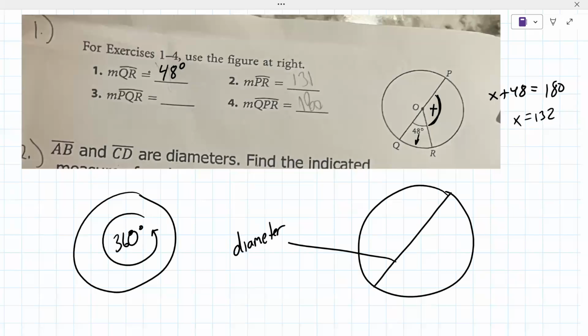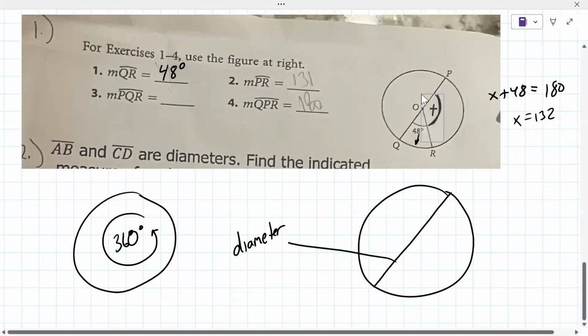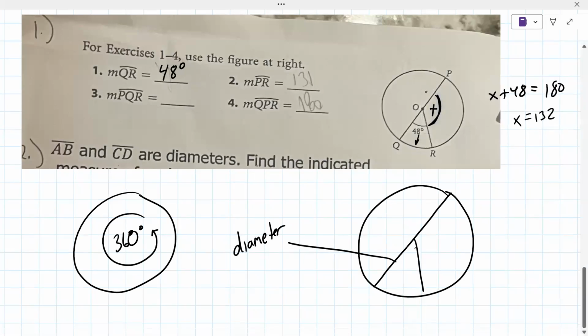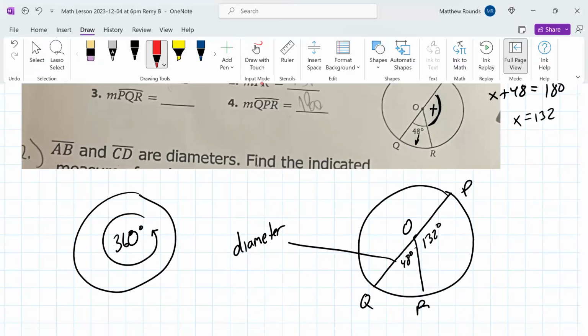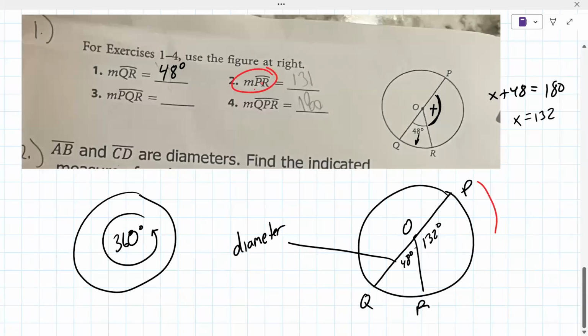So you can start getting this pretty messy here. Let me just redraw it. So this is 48. This is 132. Q, R, P, and that's O. So P to R, that's this one over here. What's the measure of that? 132. Good.